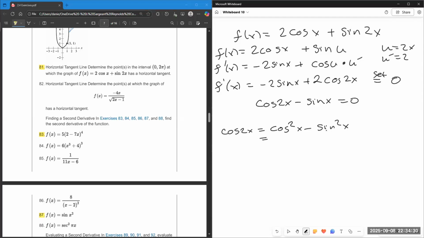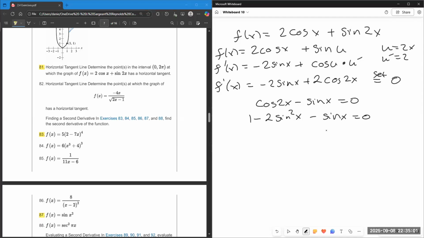So it's also equal to 2 cosine squared x minus 1. It's also equal to 1 minus 2 sine squared x. Since I see a sine in the problem, I want to go with this third version, 1 minus 2 sine squared x, that has sines in it. So 1 minus 2 sine squared x minus sine x equals 0.